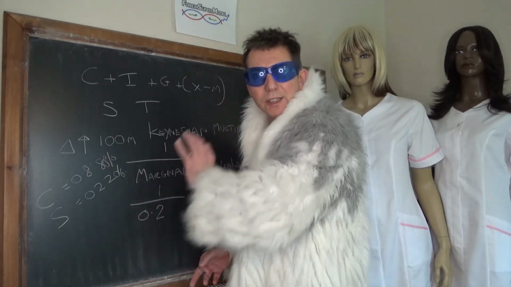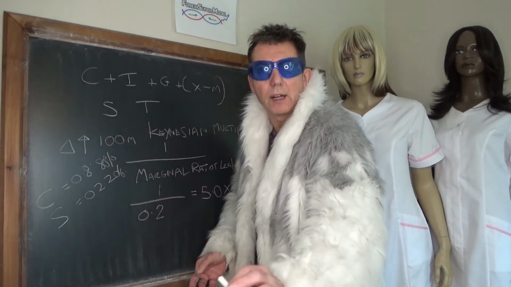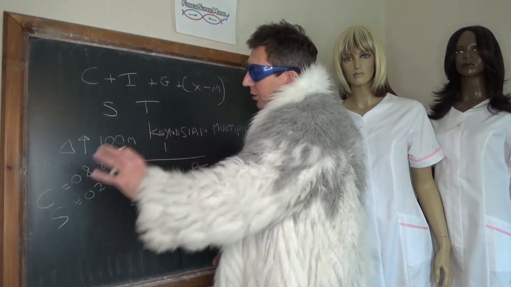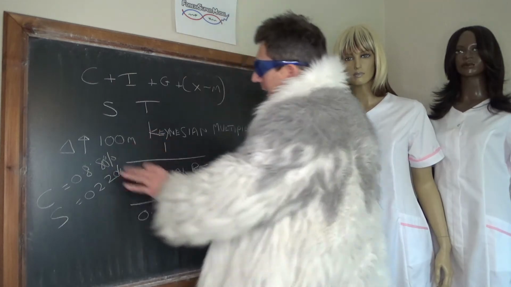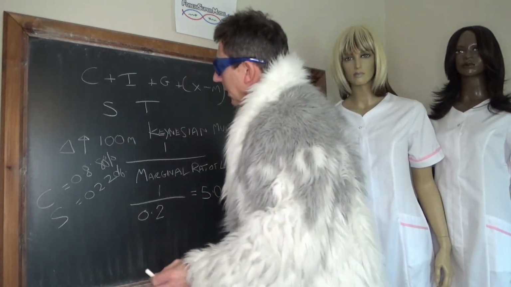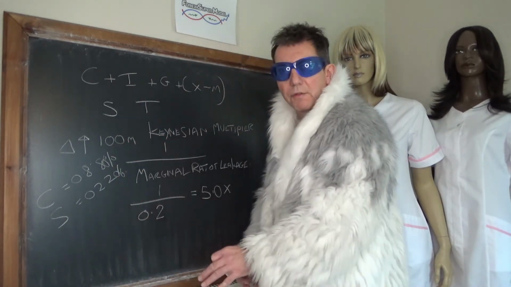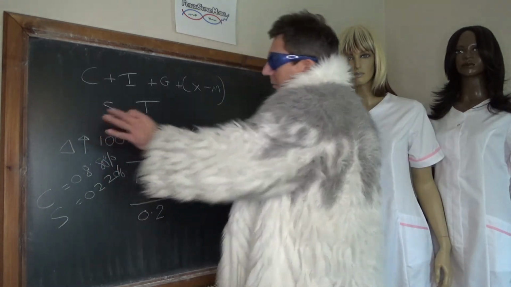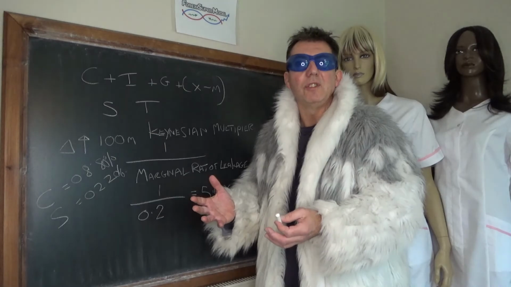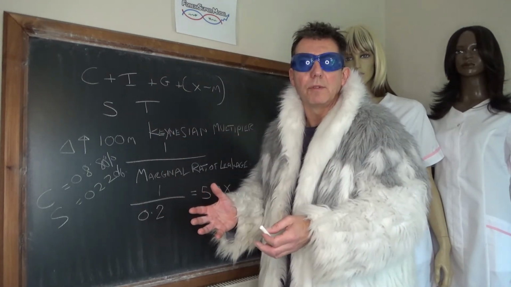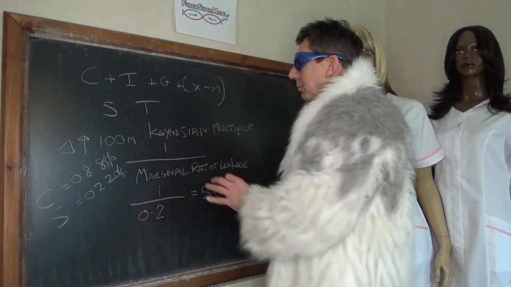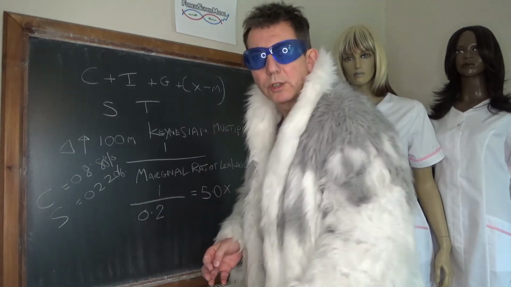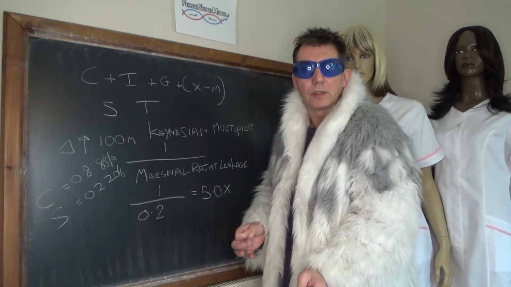So you get a series of reducing rounds of expenditure as you go through, and if you do the maths, and we don't need to, with a multiplier of 5 and an injection of 100 million, you end up with 5 times the 100 million. Eventually, in theory, you end up with that. So that's important to know, and it also works in reverse, which isn't very nice sometimes as well.